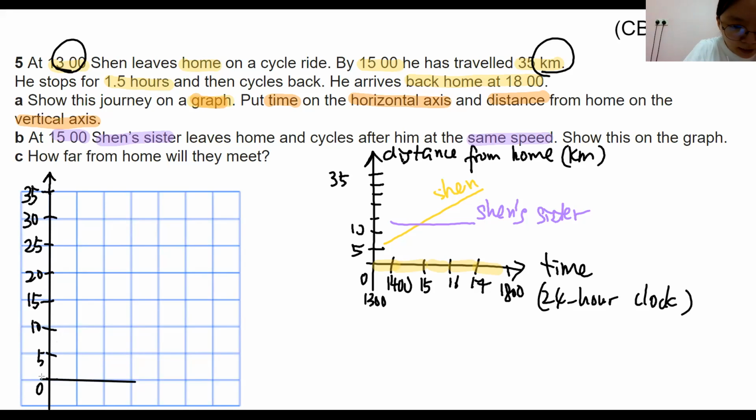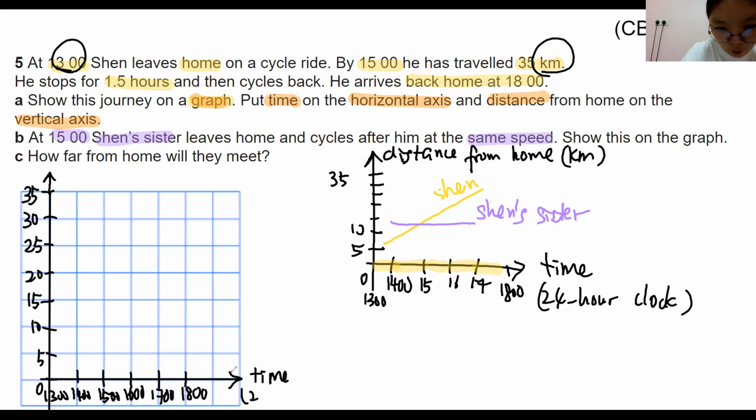Then my x-axis, I should have my time here. So I'll label this as 1300, 1400, 1500, 1600, 1700, 1800, and my label for the axis is time.